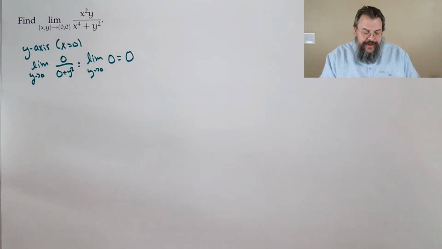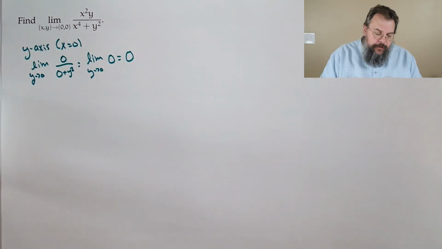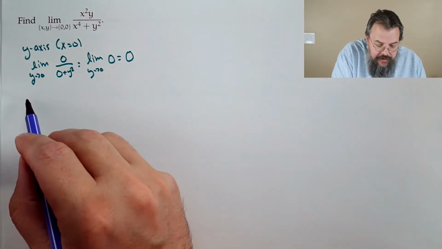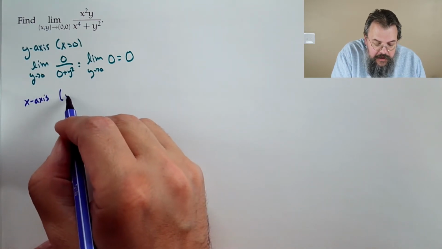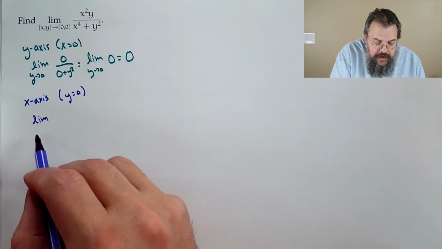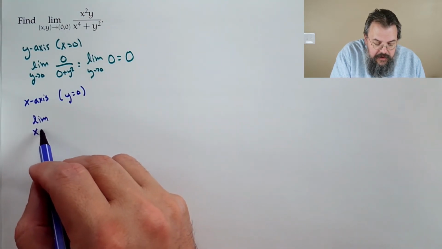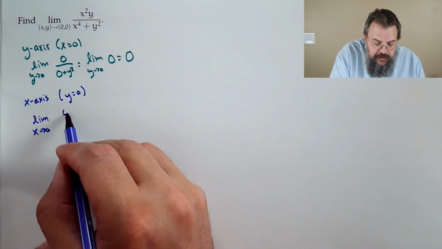All right, x-axis. Let's do that one next. Okay, x-axis. What do we have? Well, if we're on the x-axis, that's really the same as saying y equals 0. So that's our limit as x goes to 0. Because y equals 0, the numerator is 0.